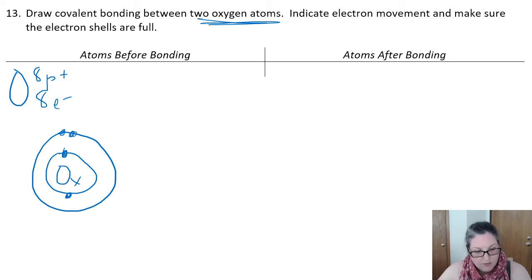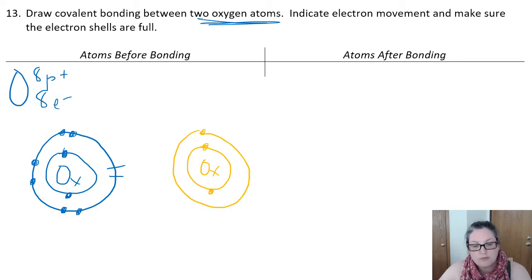3, 4, 5, 6, 7, 8. And 2 empty spaces. And let's do a second oxygen in a different color. Let's do that in orange. 1, 2, 3, 4, 5, 6, 7, and 8 electrons.